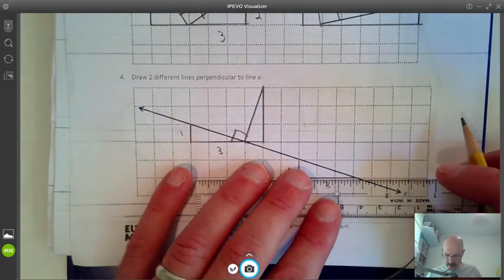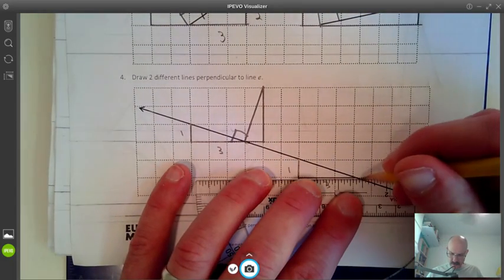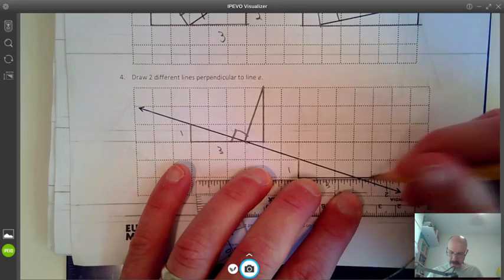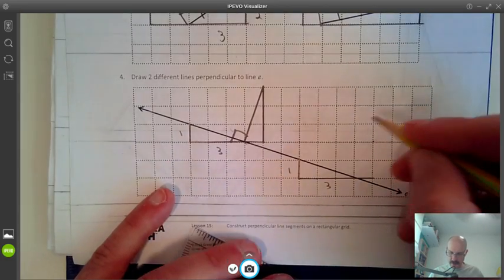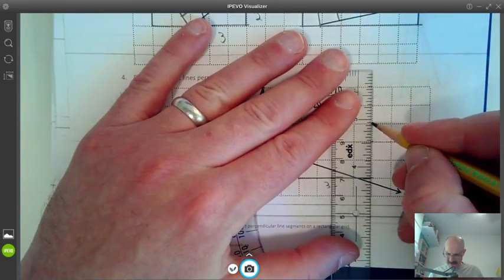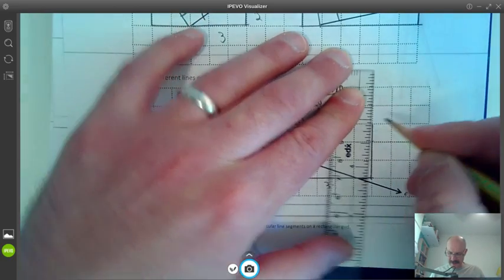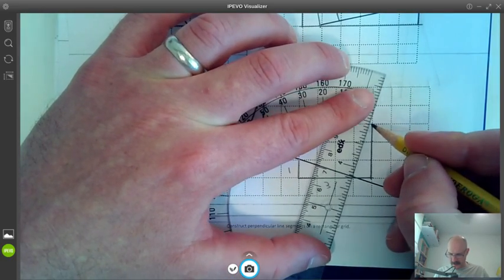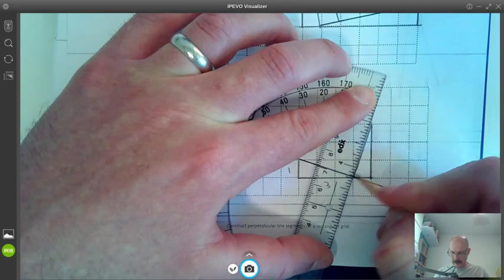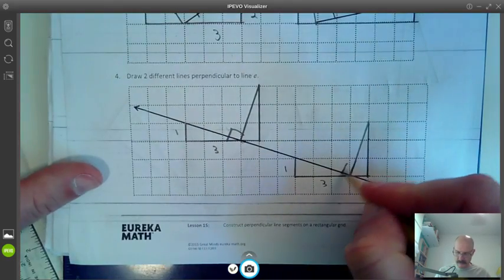Should be in pretty good shape when you take this to doing it on the coordinate plane. There, 1, 1, 2, 3. Right, because that's the next step, to be able to do this just on a coordinate plane. Okay, good.